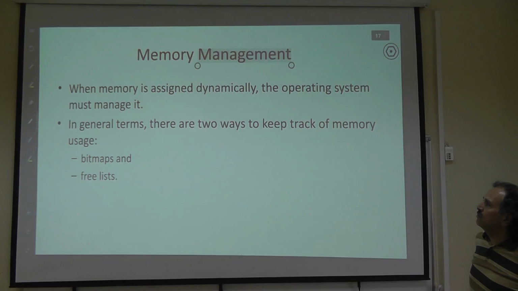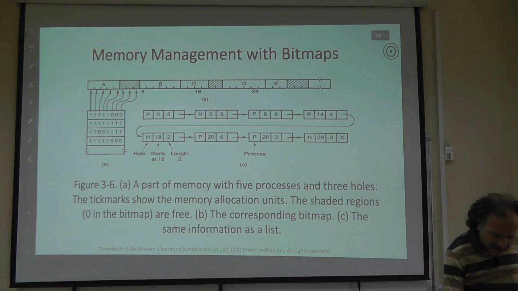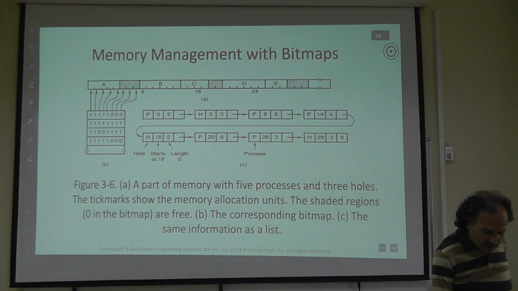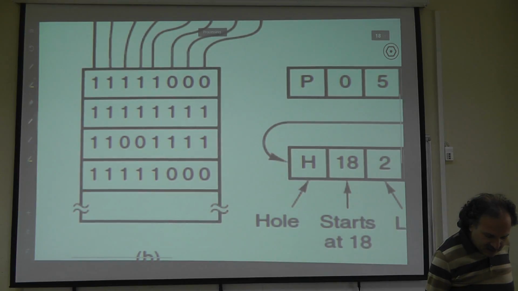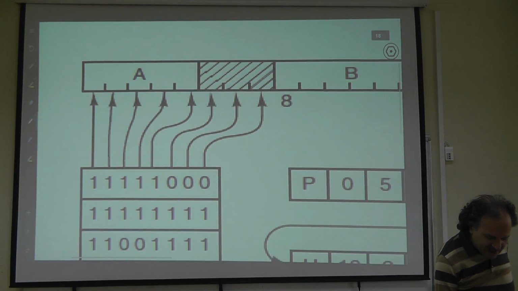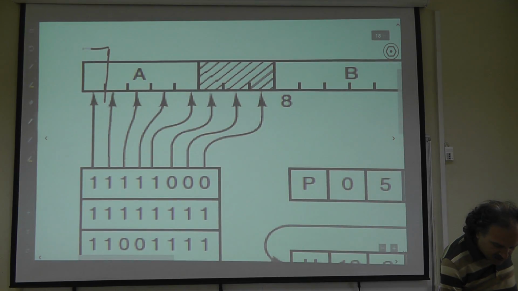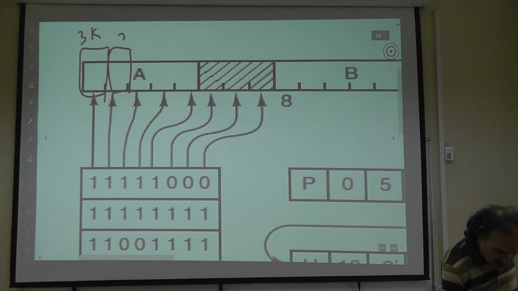In general terms, there are two ways to keep track of memory usage. I need to know what parts of the memory are being used and what are not. One is the bitmap method. I have a bitmap table like that, and each bit represents some amount of memory. Let's say these are allocation units of 3K.